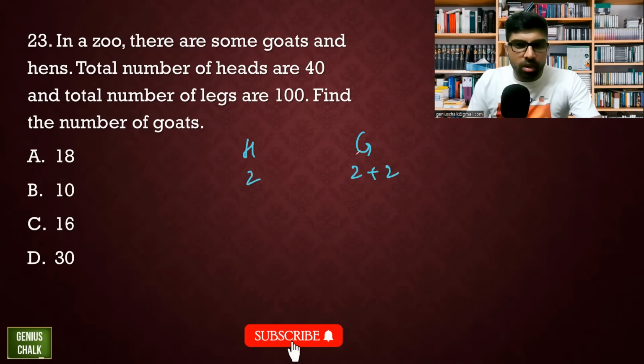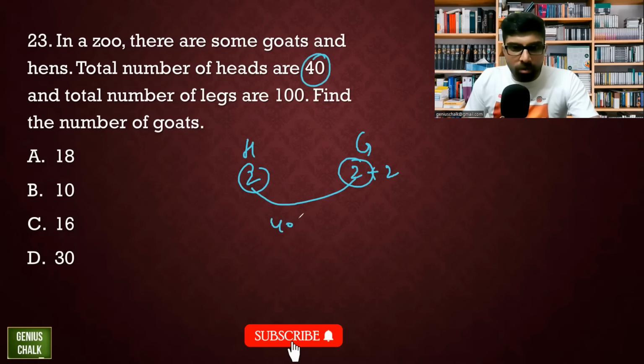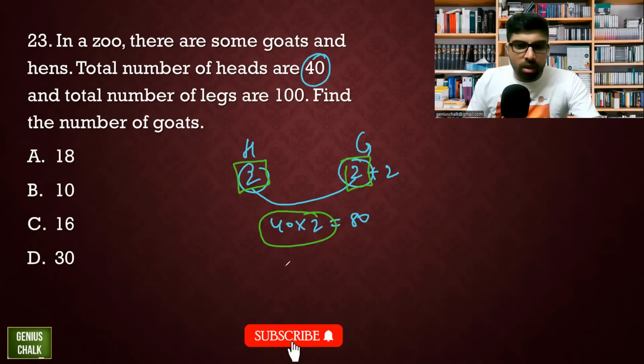Hen has 2 legs. Let's suppose everybody is having 2 legs. So total number of heads are 40. That means 40 hens and goats together. That means total number of legs should be, if both hens as well as goats all had 2 legs, the total number of legs should be 80.